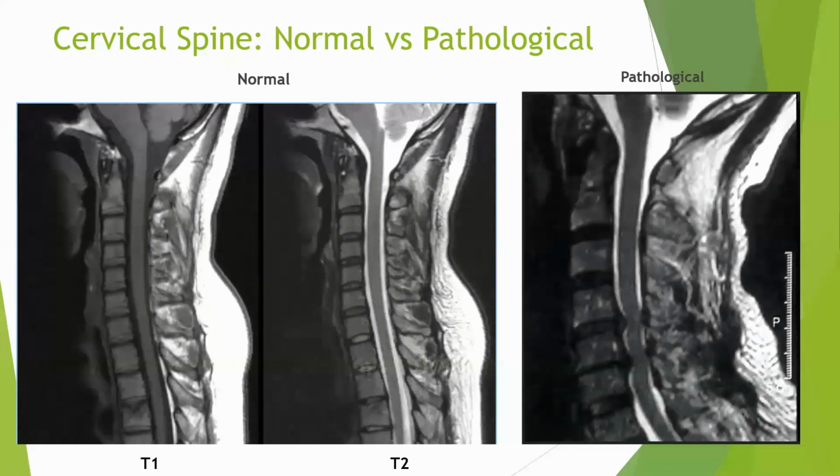There is reduced water content within the disc that makes it less water, H2O, right? H2O, hydrogen and oxygen. So if there is less water, there is less hydrogen, so less white color, and it will be more dark, and that is exactly what I am noting.